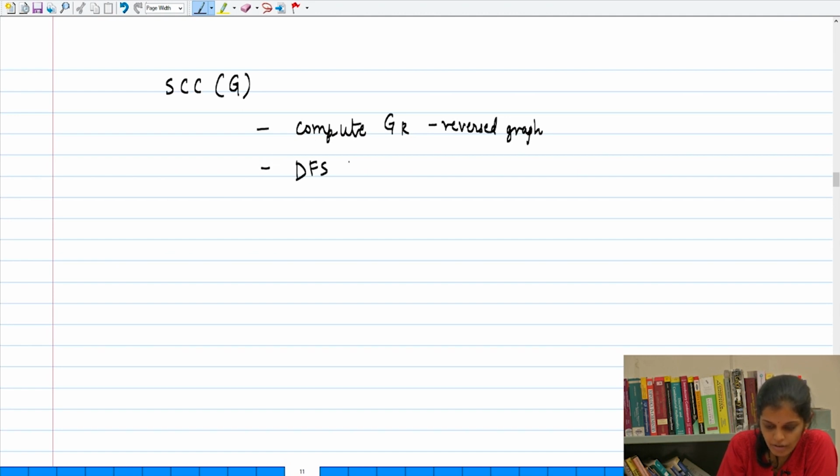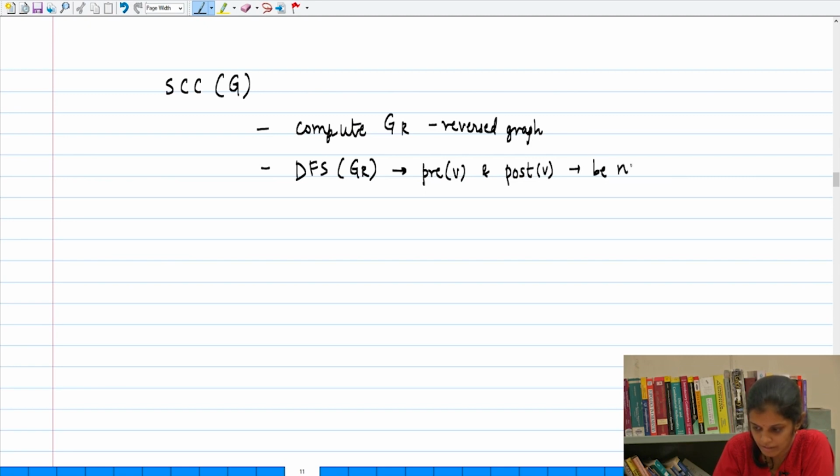compute DFS of GR, and let pre-visit and post-visit be the numbers given to all vertices. Now we want the vertex with the maximum post visit number, right?